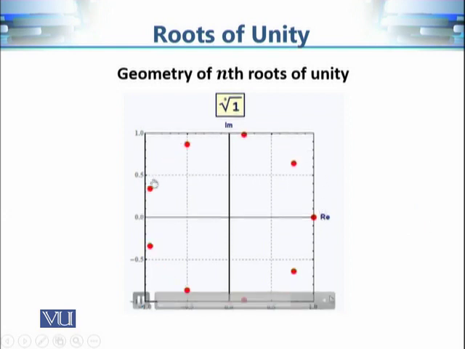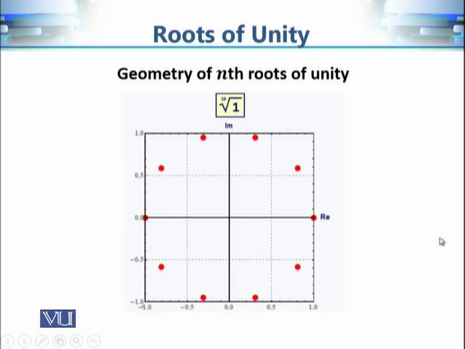And when we increase n, we'll be getting more and more roots, but two properties are fixed for these roots. The first property is all of them lie on a unit circle, a circle of radius 1. And the second property is they are vertices of a polygon. And of course, one important observation is that one of the roots is always going to be 1. So this is basically the starting point.